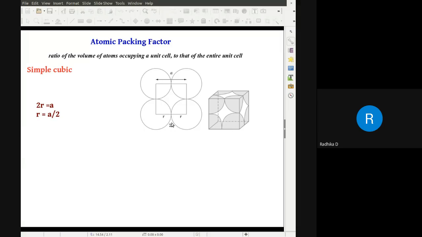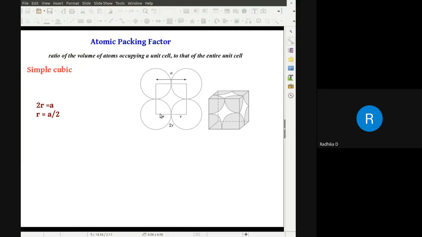So I have now got two terms. One is the radius of the atom. Another is the distance between the neighboring atoms, or nearest neighboring atoms, the nearest neighboring distance. I'll give it the letter A. So that A, this entire length, is equal to 2r.